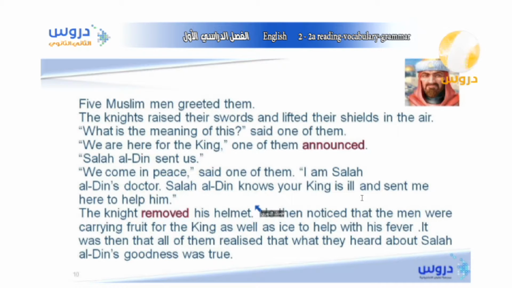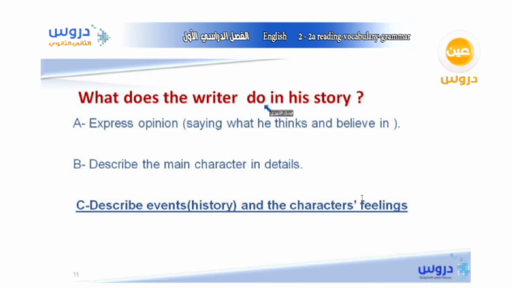Salah ad-Din knows your king is ill and sent me to help him." The knight removed his helmet. He then noticed that the men were carrying fruit for the king as well as ice to help with his fever. It was then that all of them realized that what they heard about Salah ad-Din's goodness was true.